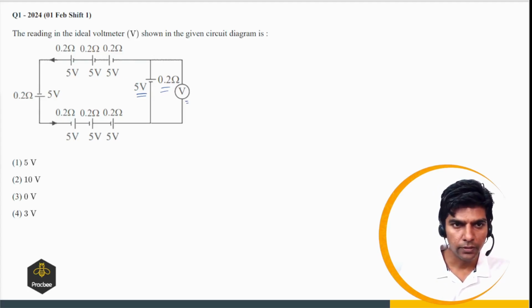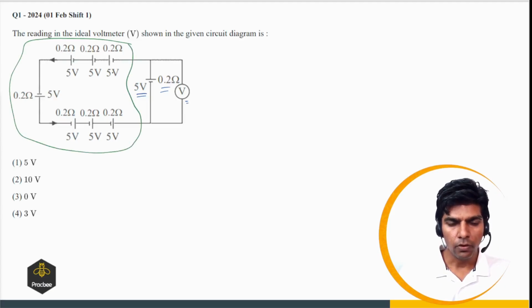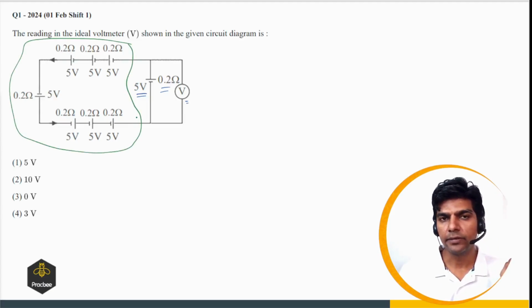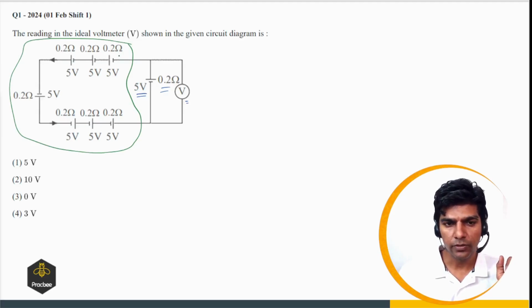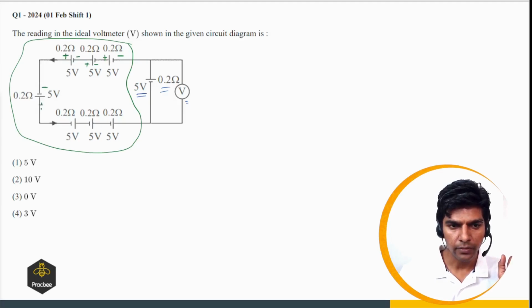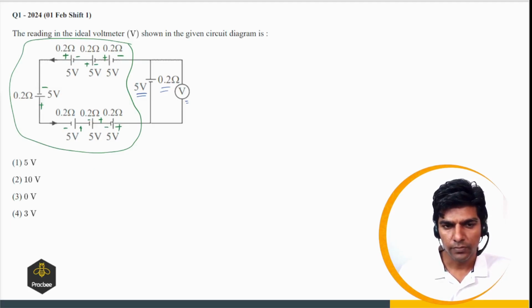If you look at the left circuit, all these batteries are connected in series and they have the same polarity, negative, positive, negative, positive, and so on.